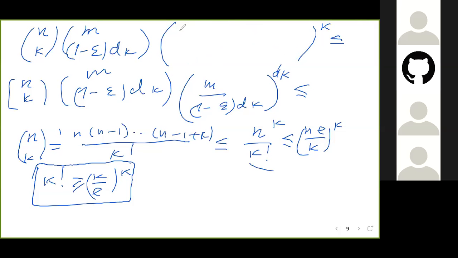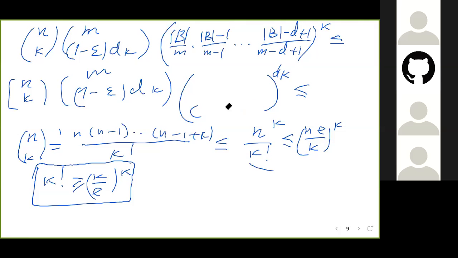Okay. Here we need to write b over m times b minus 1 over m minus 1 and so on. So again, here, instead of that, we need to write down m over 1 minus epsilon dk.